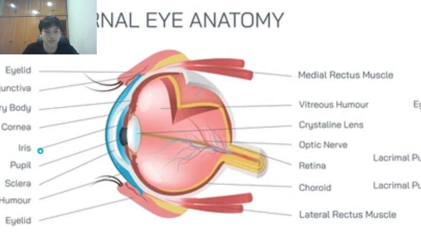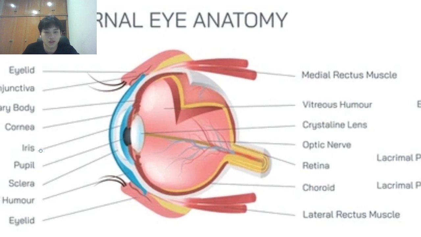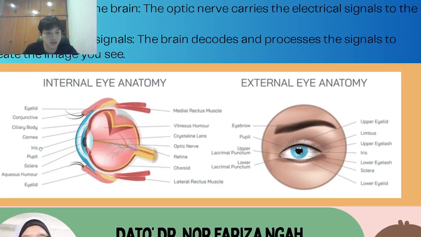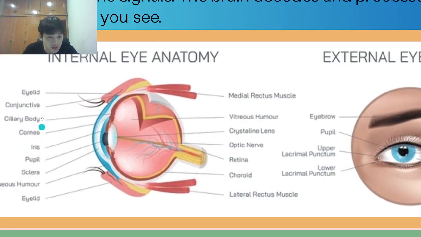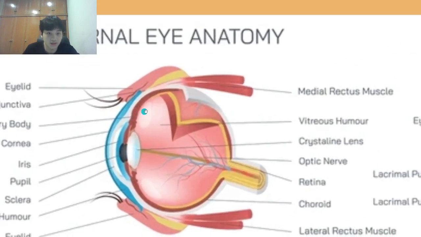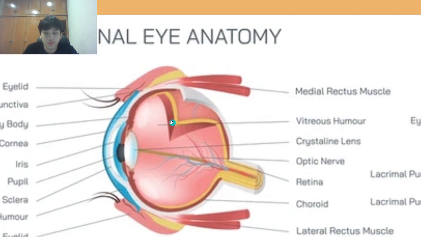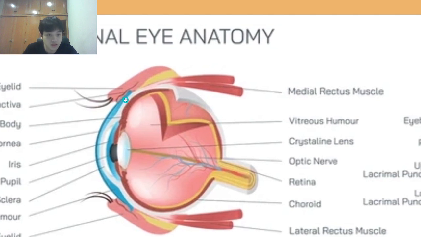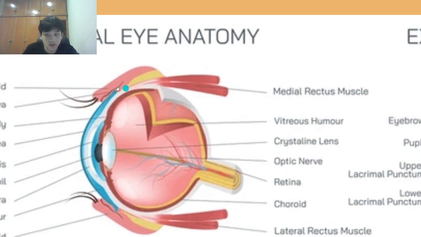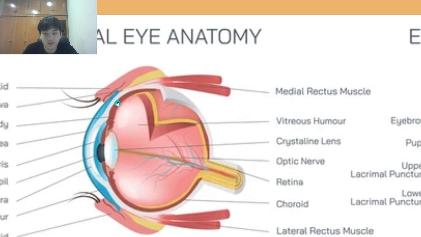And then the next one is the conjunctiva, which is this. The conjunctiva is a thin transparent membrane that covers the sclera and inside the eyelids. The function of the conjunctiva is lubrication, by producing mucus and tears.